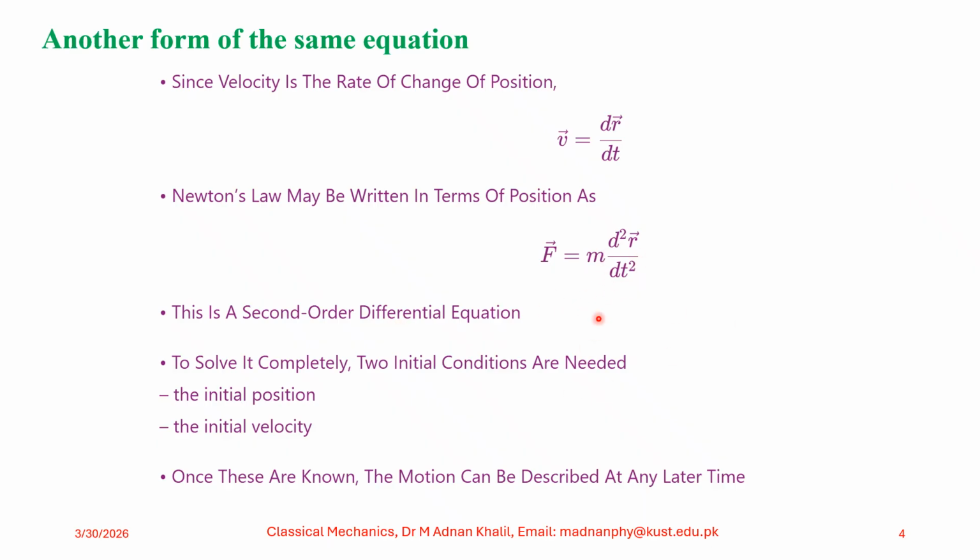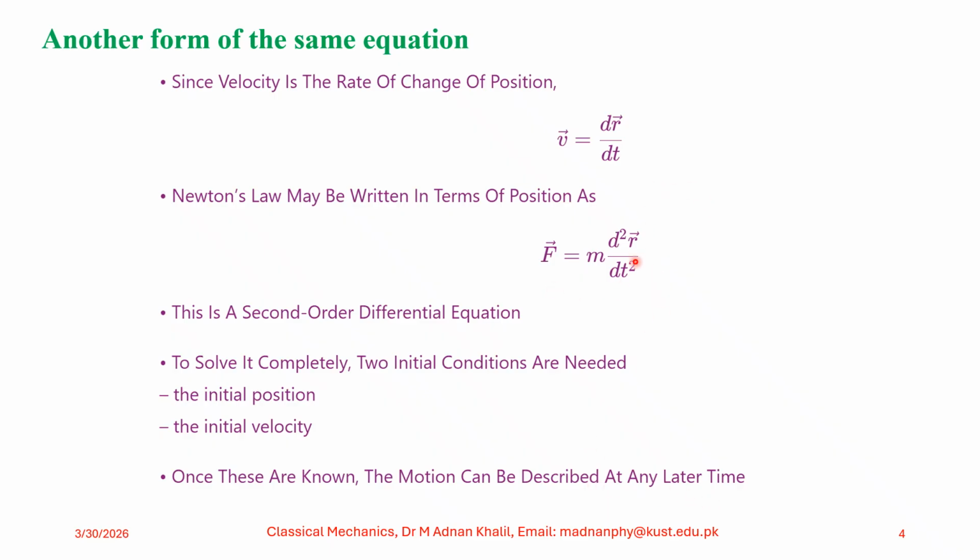If we want to describe the motion of any particle, we need to know some conditions for solving a differential equation. Since the order of this differential equation is 2, we require two conditions for predicting or describing the motion of a particle whose position vector is r at some later time t.